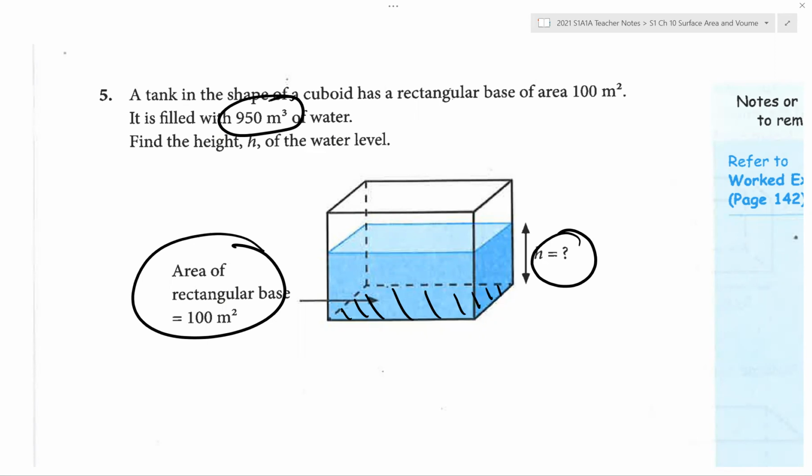How does this height increase? No, I'm talking about the height of the water. So Marilyn, if the height of the water increase, does that mean that there is more water inside? Yes, it does. Yes, Brian, what's happening?